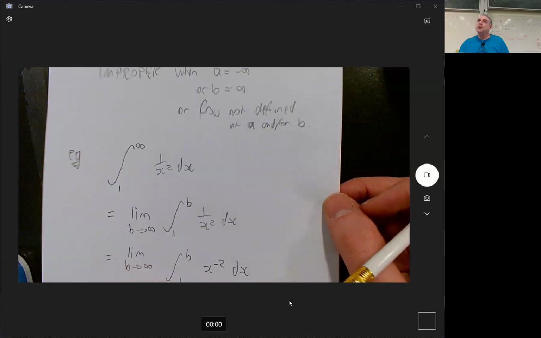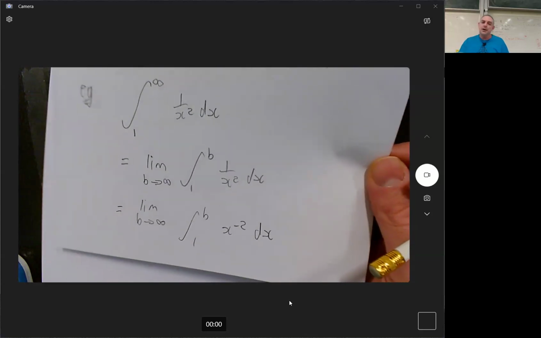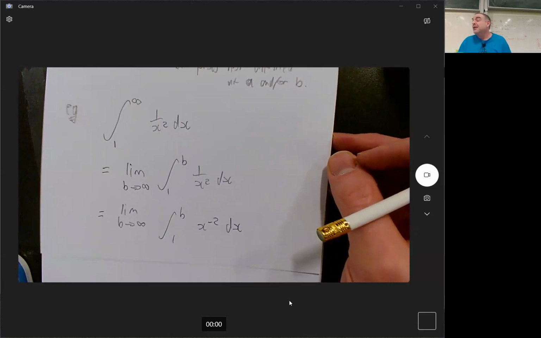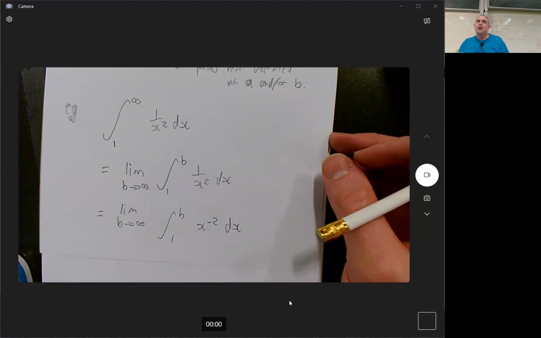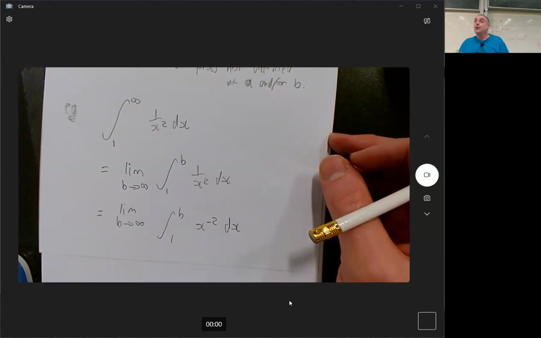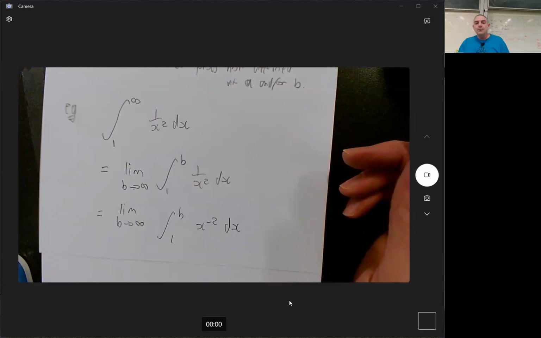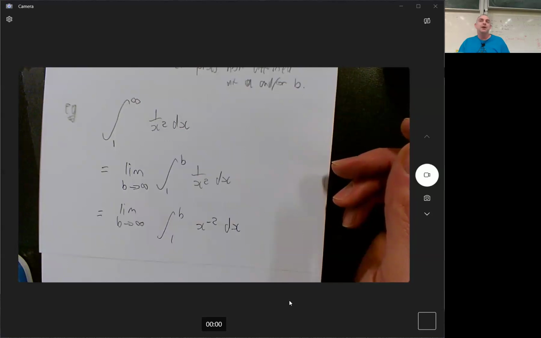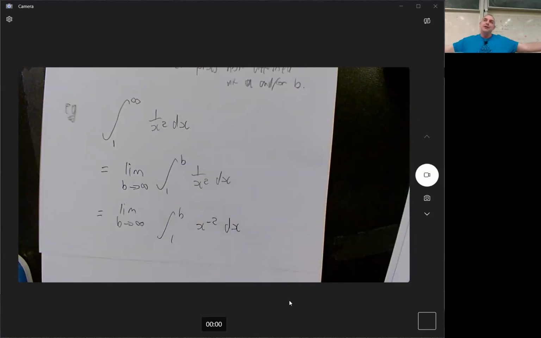And why would they want you to know improper integrals? Well, sometimes you're interested in what happens if you do it forever, because it's actually easier than trying to figure out what happens if you only do it for a short time. And sometimes you have to do integrals when you're doing probability theory, because the normal distribution theoretically can be any number, positive or negative, to infinity and minus infinity.